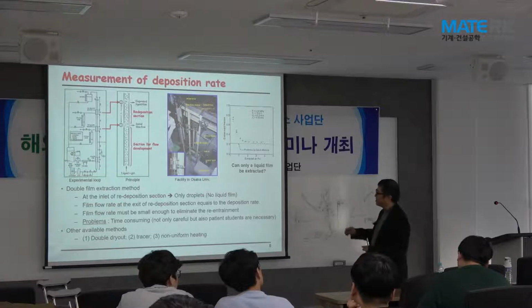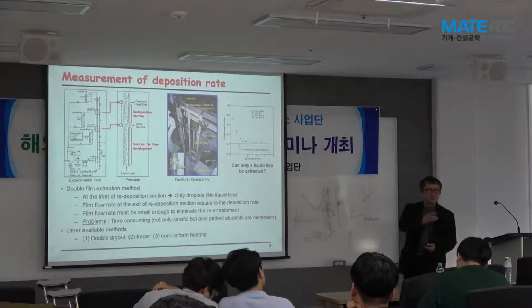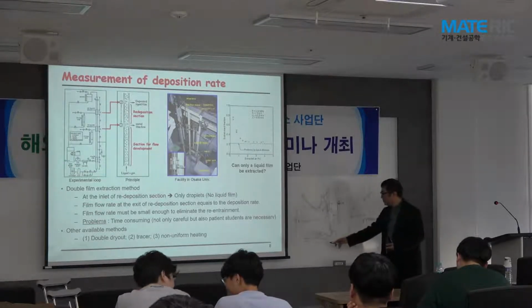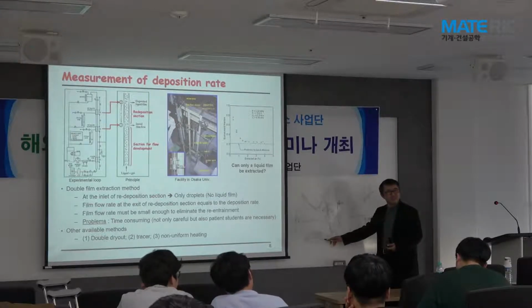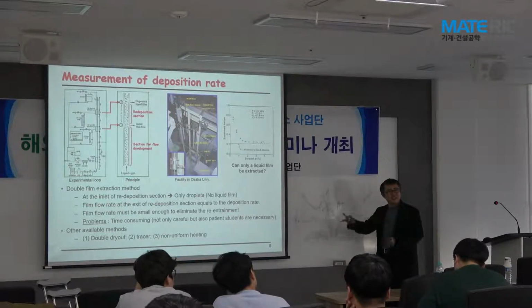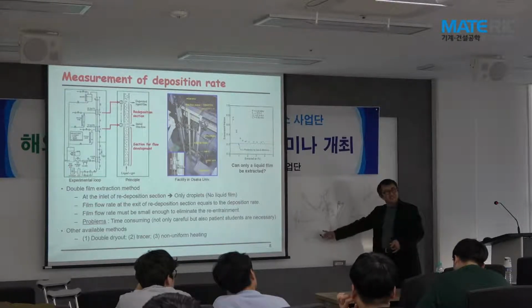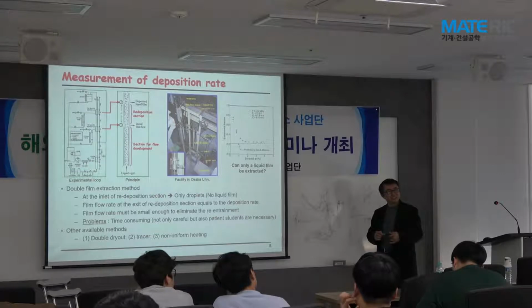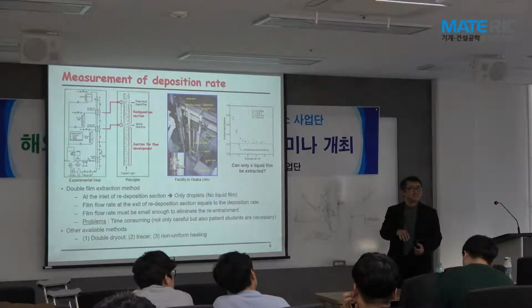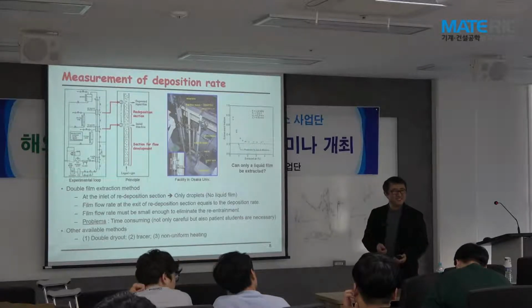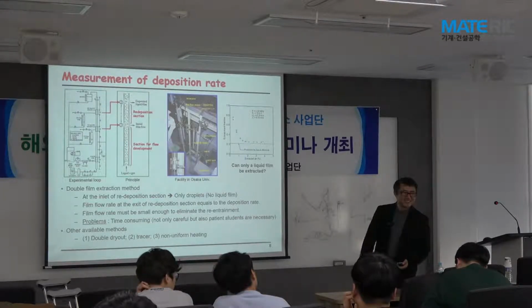I don't know if it's possible or not, but I recommend you to compare how fast the liquid film is and how fast the droplet is. If the velocity of liquid film and droplets are almost the same, in that case, separation is very difficult. I cannot explain more detail, but in that case, it is very difficult.